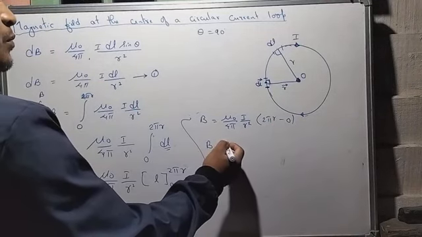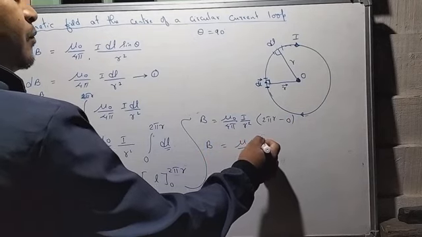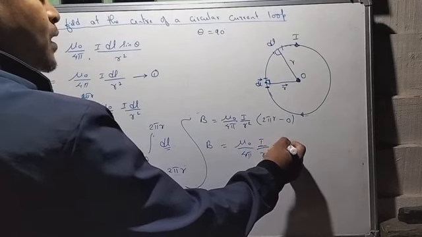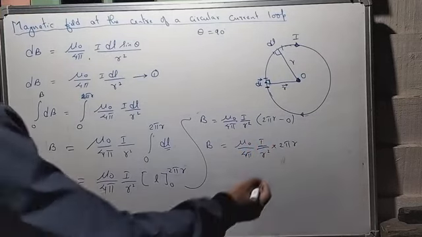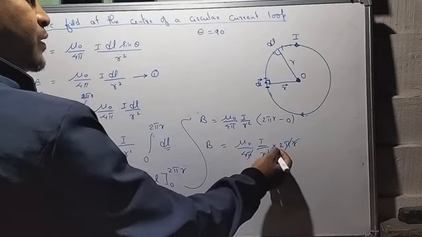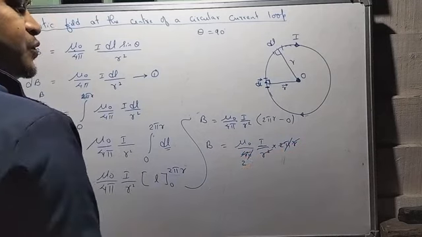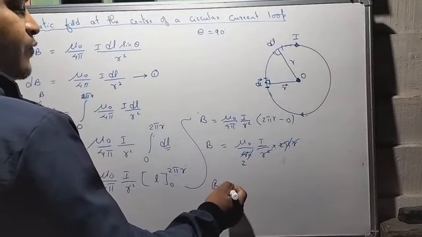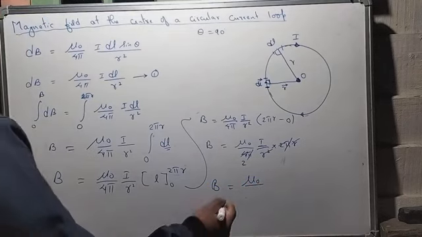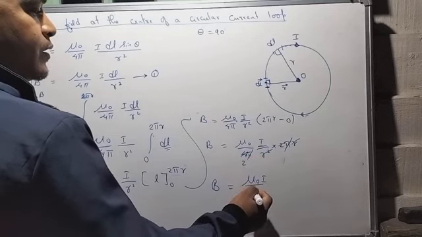So B here will be equal to mu naught upon 4 pi, I upon r square, times 2 pi r. So this pi and this pi cancel, this r with this square cancel, this 2 with this 4 cancel, you get 2 here. Therefore the magnetic field at the center of the current carrying circular loop is equal to mu naught I upon 2r.